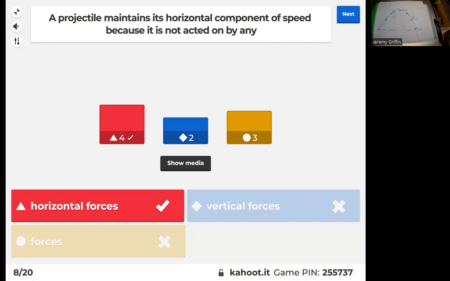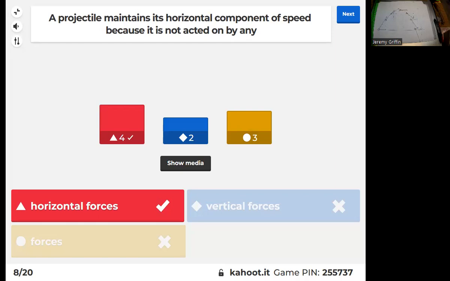So vertically, it's changing its velocity by 10 meters per second per passing second because gravity pulls vertically. But horizontally, gravity doesn't pull horizontally, so there's no gravity force, right? And we've been ignoring air drag, and we're going to continue to do that. So yeah, there's no horizontal force. That's why it's just constant velocity all the way across.